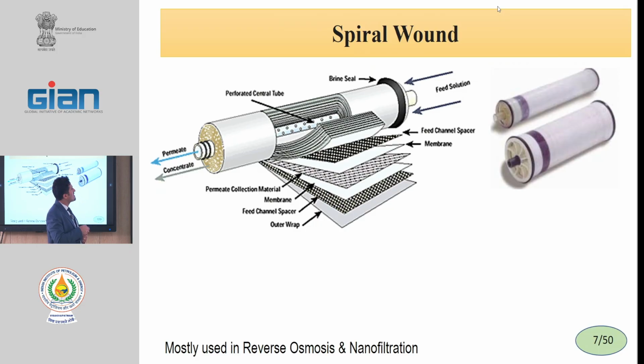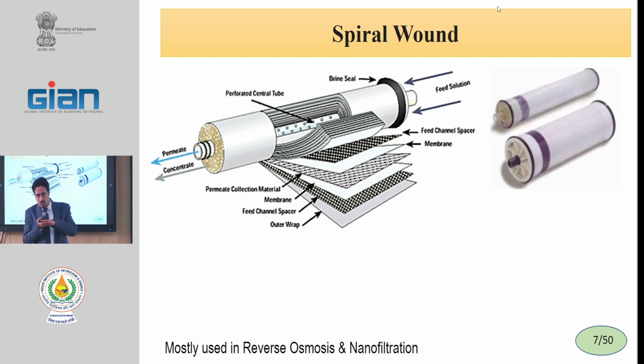We have a central perforated tube where the permeate collects in the center of the tube, you see. And between the membrane sheets, we have a feed spacer and permeate spacer.